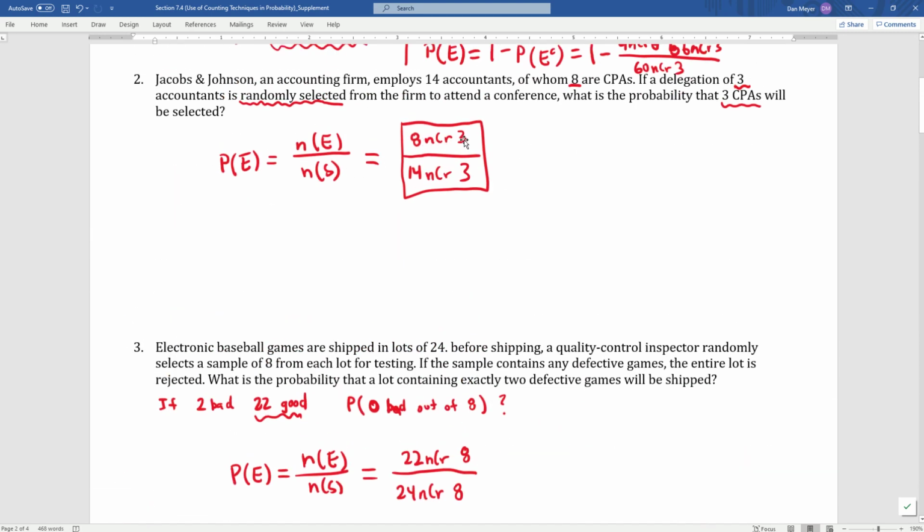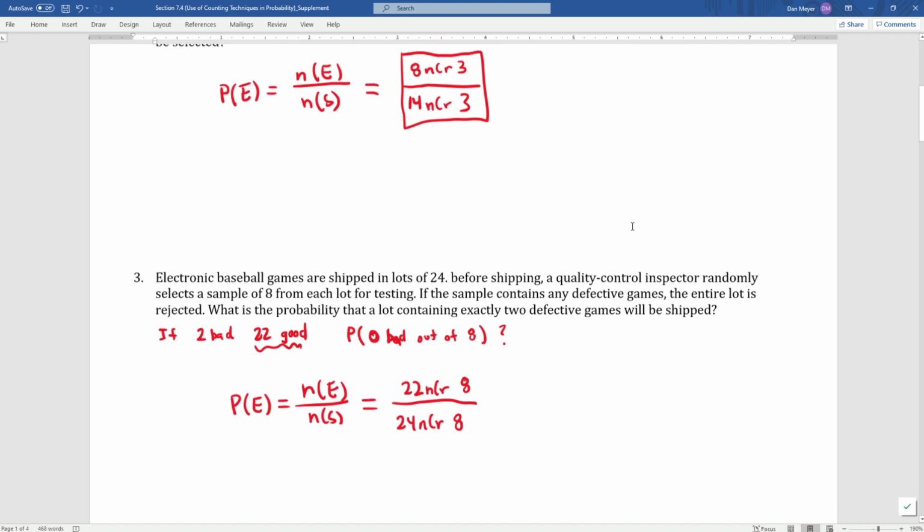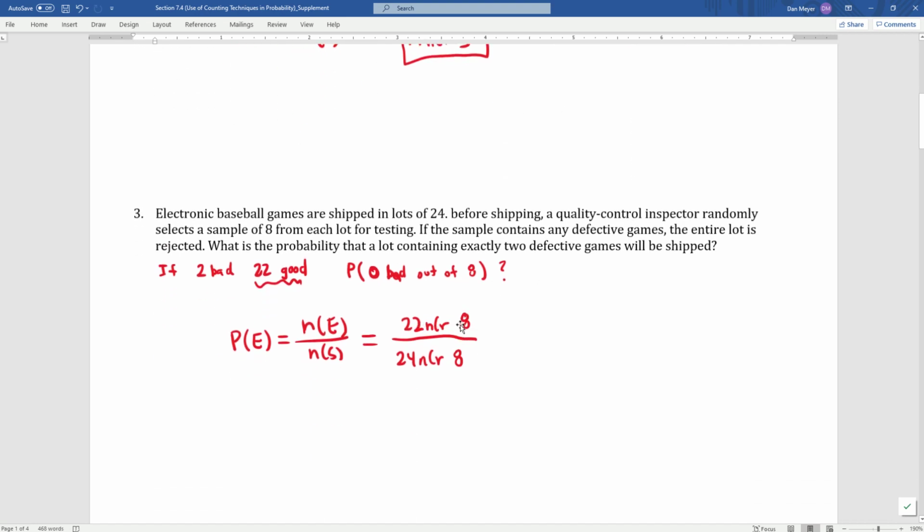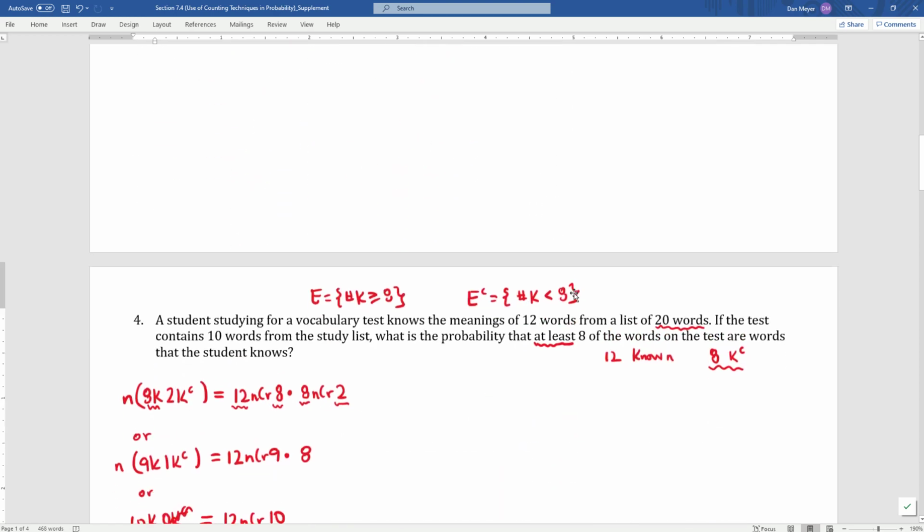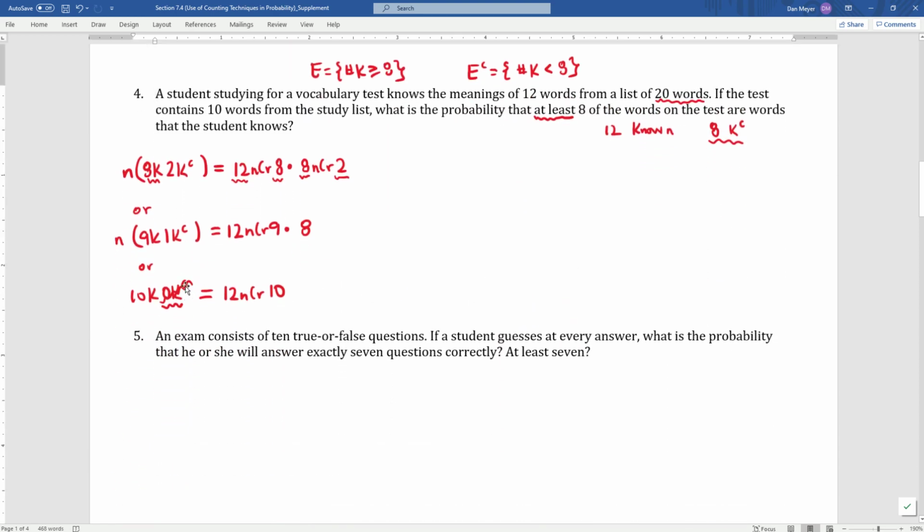We could say choose 3 CPAs and then 0 non-CPAs, but the 0 non-CPAs is not really a task. Or down here, we could have said choose 8 good games, and then 0 bad games, but that's not really a task.